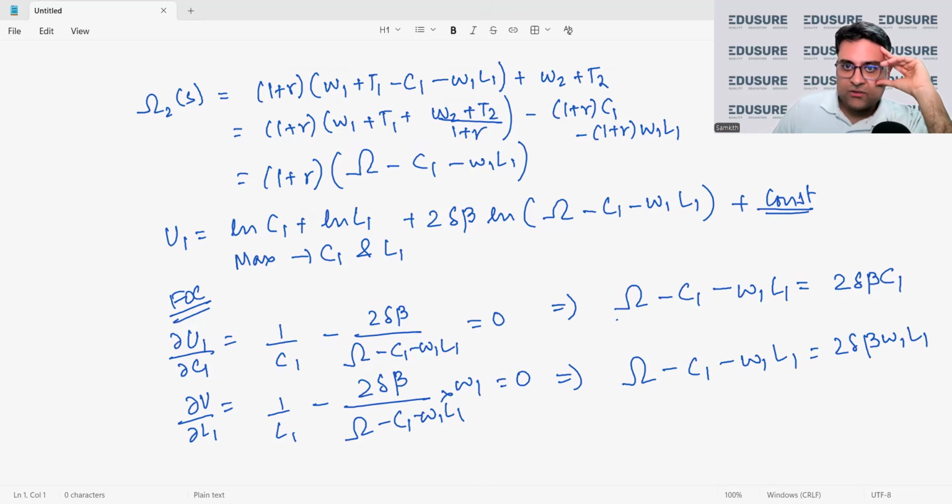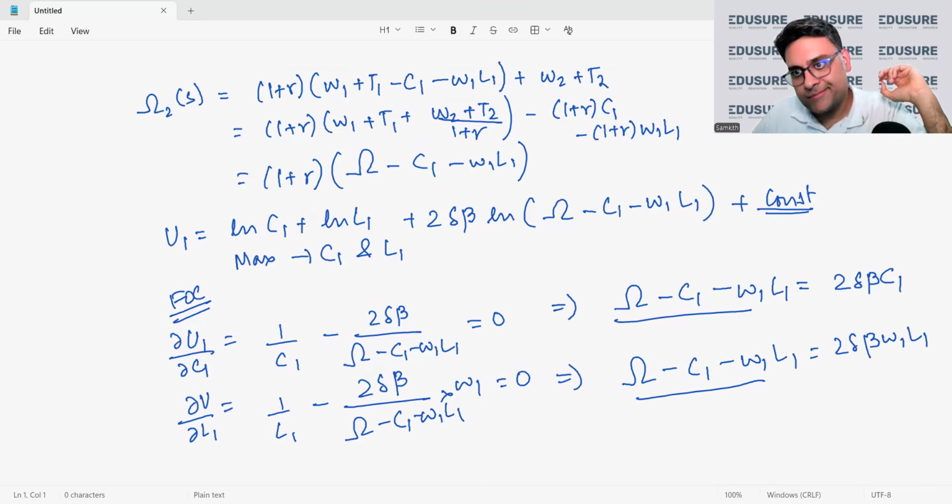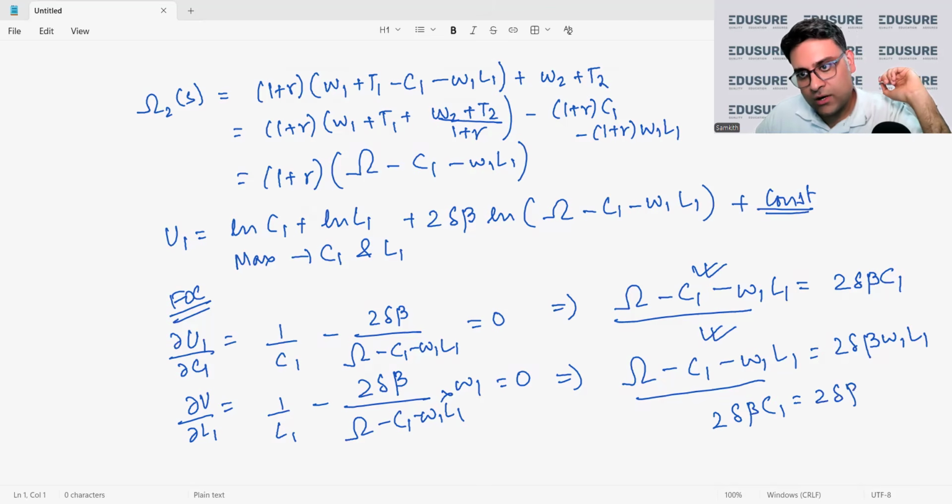So basically these two are the same, so I equate them. Because this is the same, I'll get 2 delta beta C1 is equal to 2 delta beta W1 L1. So ultimately I'll get C1 is equal to W1 L1.